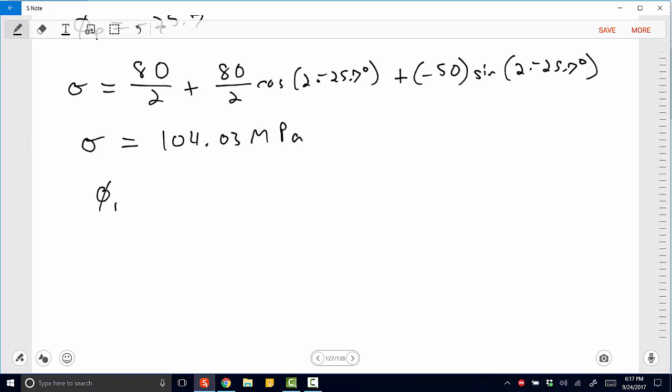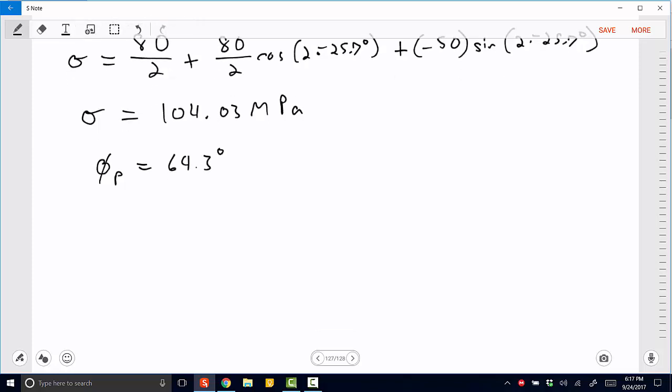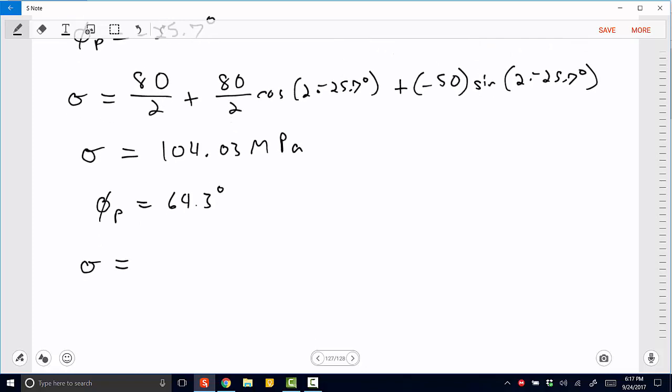Now let's repeat this process for the other phi p. The other phi p is 64.3 degrees. We plug that into our normal stress equation. First term is the same.